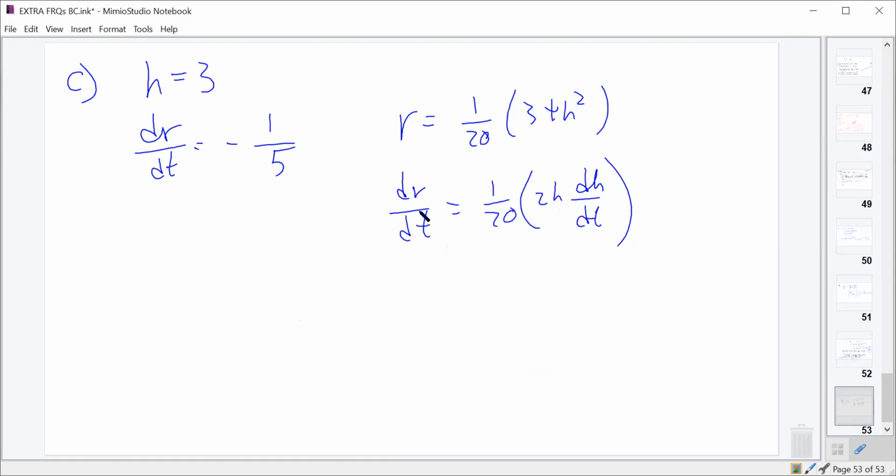And we are given h equals 3, and dr dt equals negative 1/5. I simplified the 2 over 20 to a 1/10 with our 3 there. Our dh dt comes out to be negative 2/3, and I don't know if they wanted units, but it's just per second.